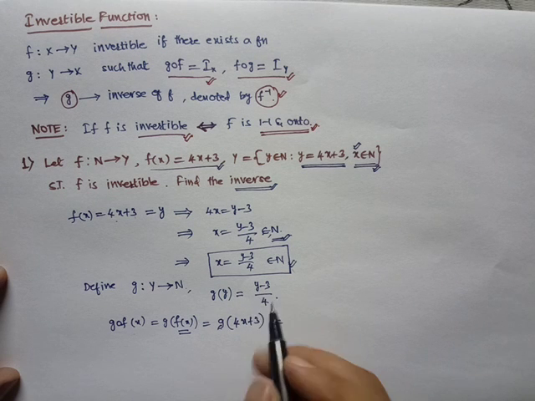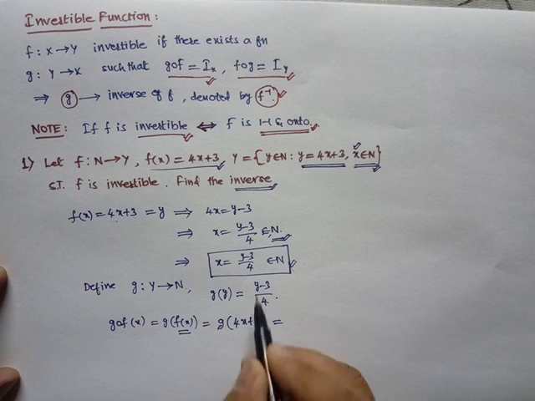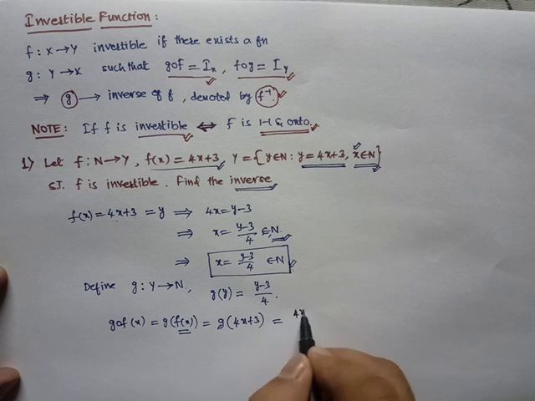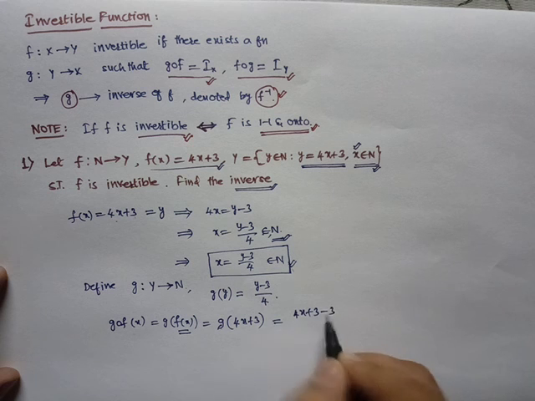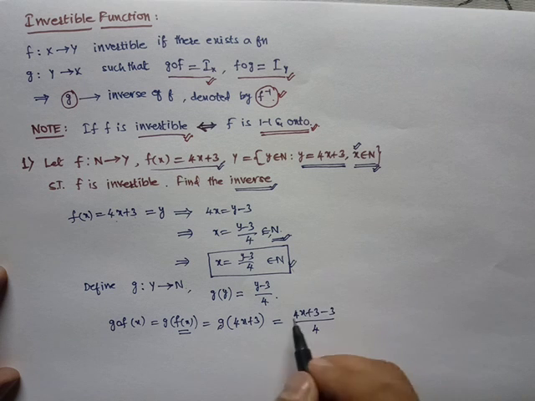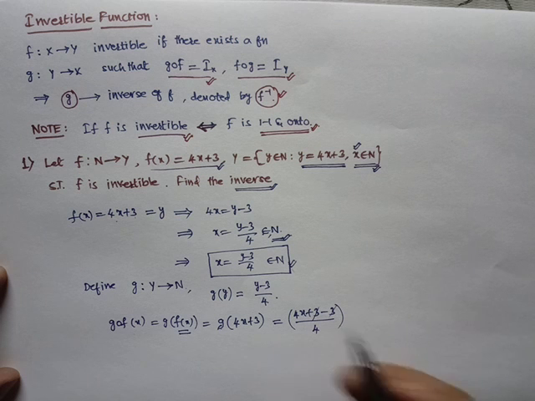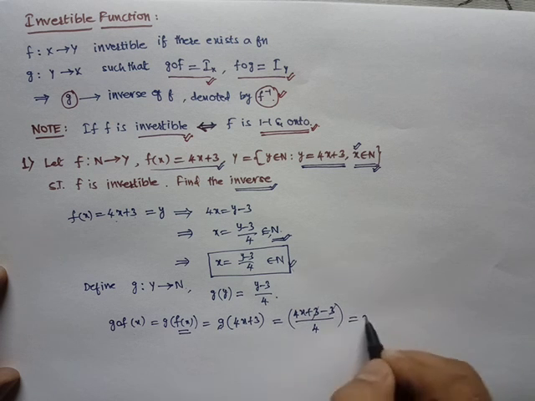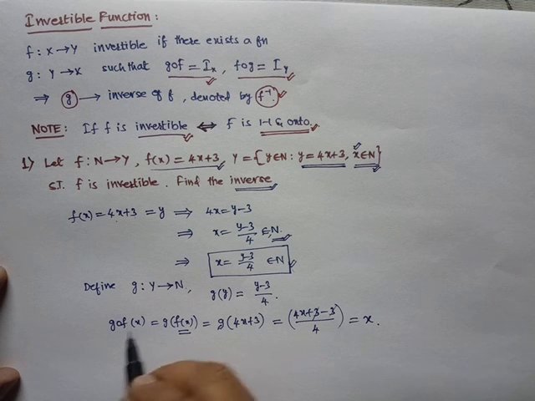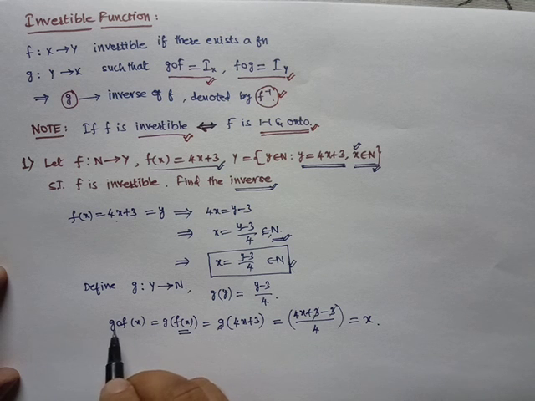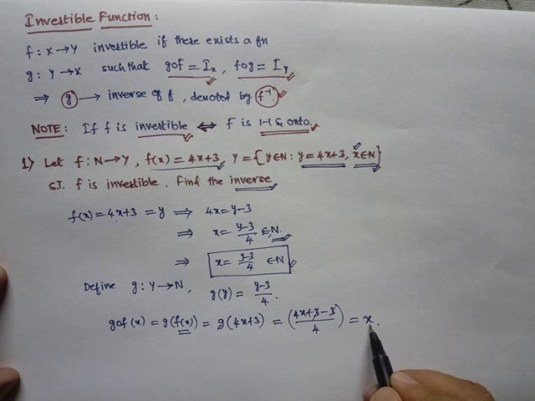And what is your y? y is nothing but 4x plus 3. So 4x plus 3 minus 3 by 4. Minus 3 and plus 3 get cancelled, 4x by 4 is nothing but x. So g circle f of x is equal to x.